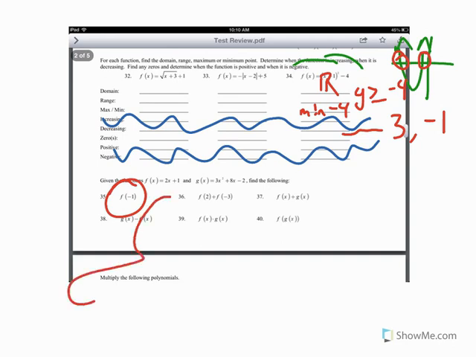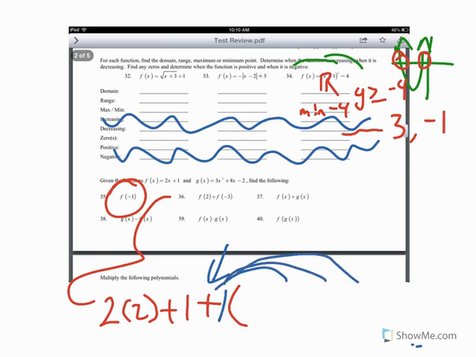So 36, you want to slide down here and do it. 36 is 2, so it's going to be 2 times 2 plus 1 plus, I'm adding it back into f, so make sure you put parentheses. The reason why, guys, is if that would have been a minus sign, I'm going to be subtracting, I'm going to multiply that -1 all the way across to whatever's in there. So make sure you put it inside parentheses to do that.